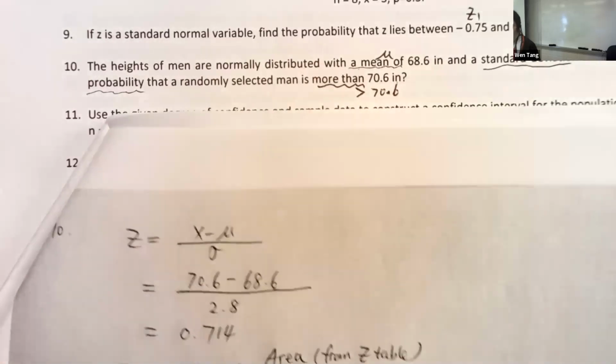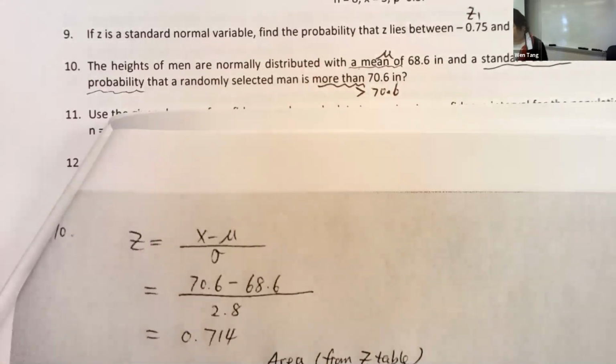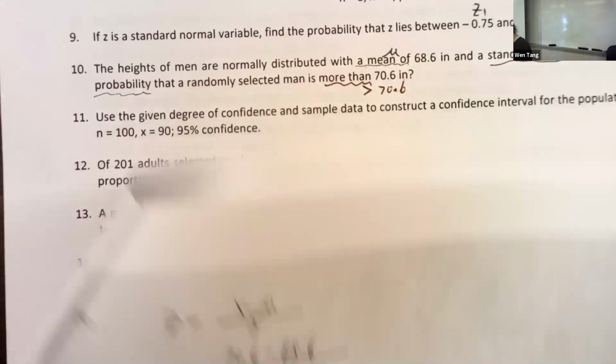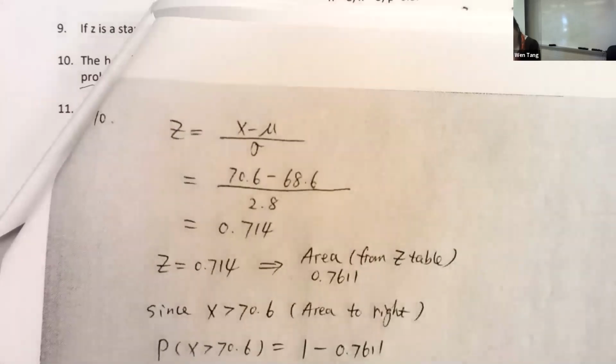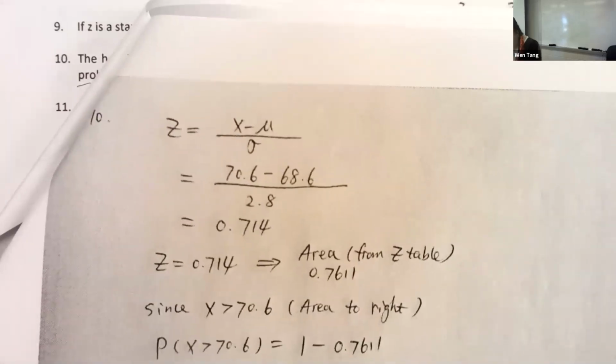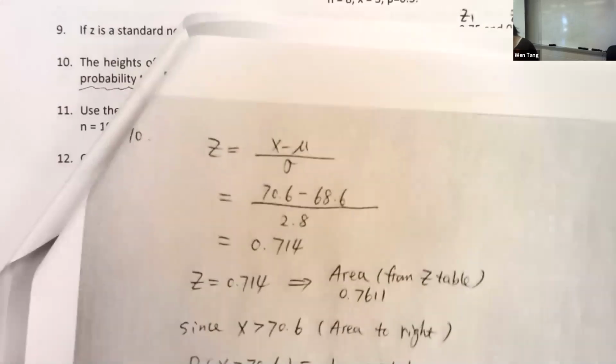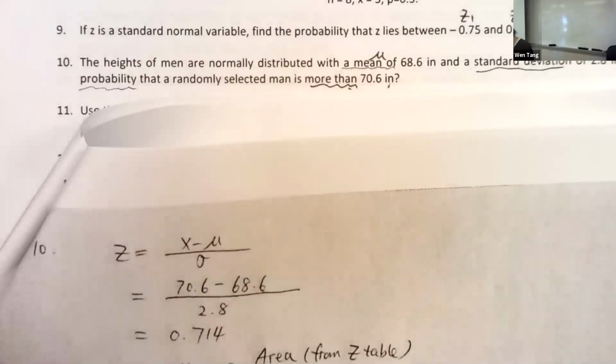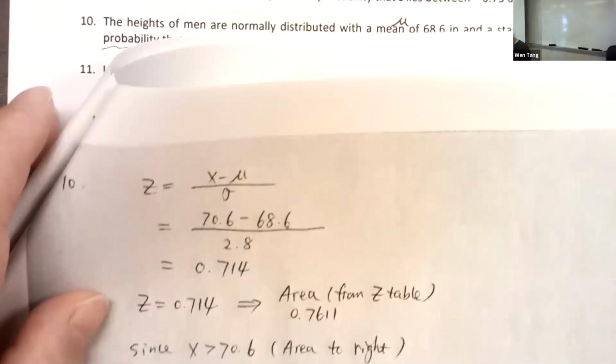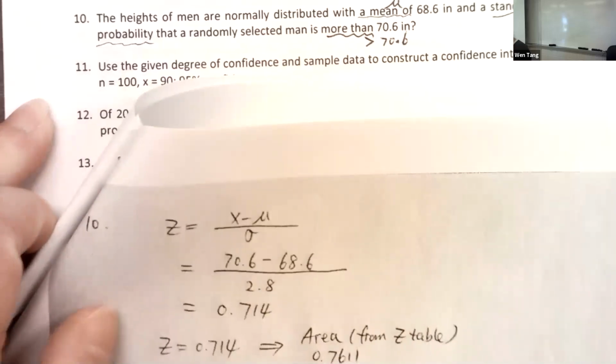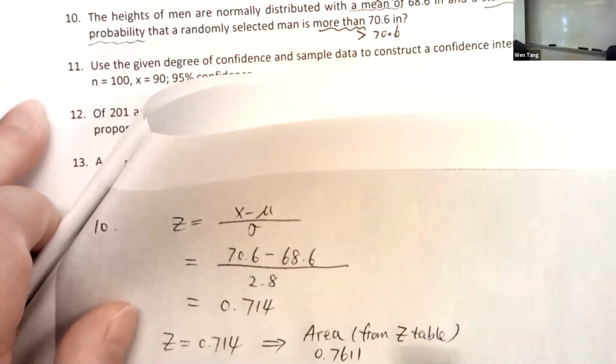After that, we got our Z value. Z value is 0.714. So this is not the area, right? This is just the standardized score, Z-score. We're gonna use this Z to check the table, which means we're gonna check the positive Z table. So we have the area directly from our Z table for this Z-score.